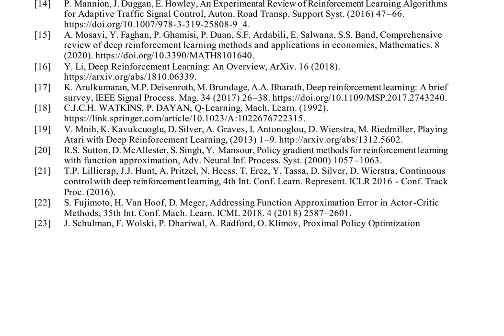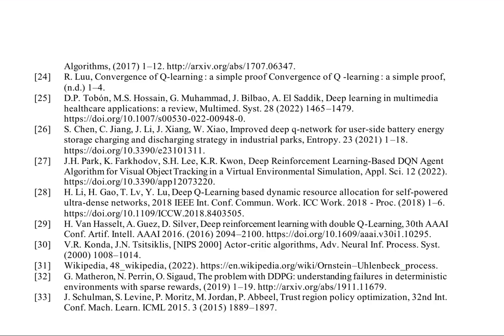Function approximation error in actor-critic methods was addressed by Fujimoto et al. [22], and proximal policy optimization algorithms were developed by Schulman et al. [23]. Liu [24] proved the convergence of Q-learning, and Tobin et al. [25] reviewed deep learning in multimedia healthcare applications. Chen et al. [26] improved deep Q networks for user-side battery energy storage charging and discharging strategy.